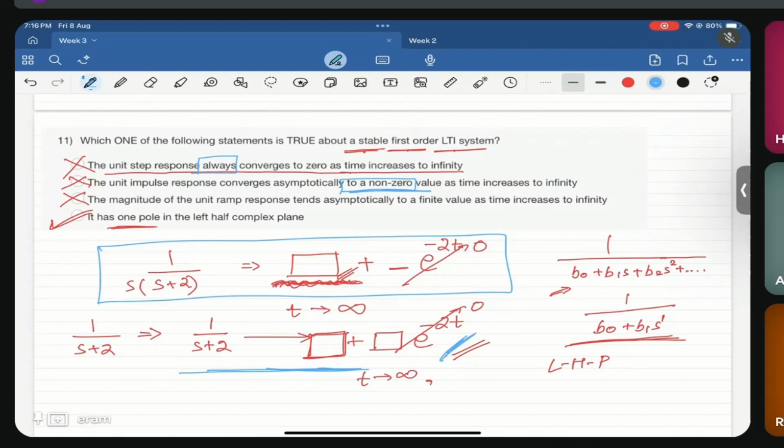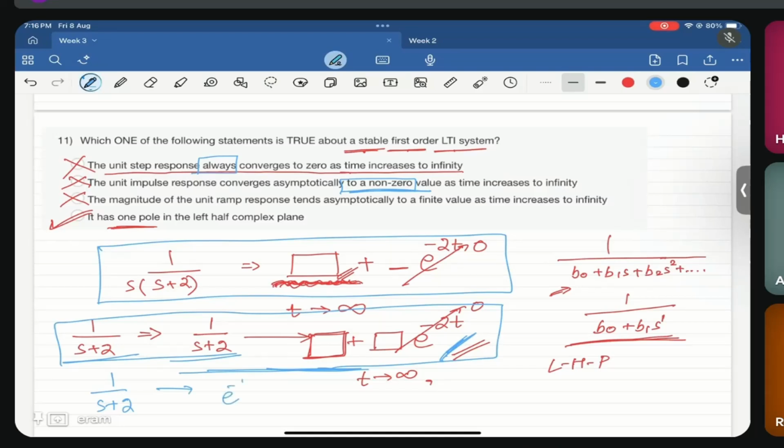No, it is not converging to a non-zero value. For example, this one I have shown you here. We have a stable LTI system, so its impulse response will be the same, right? And what will be its time response? Just e to the power minus 2t. So as t goes to infinity, this explicitly converges to 0. So the statement saying it is converging to a non-zero value is not true.